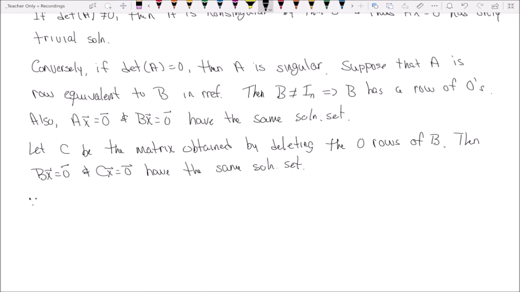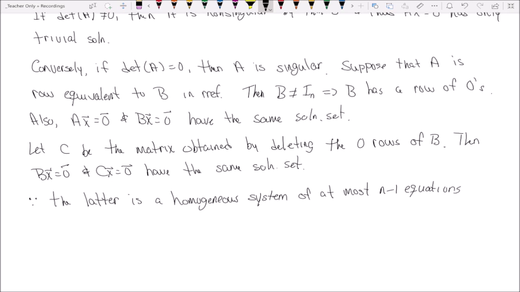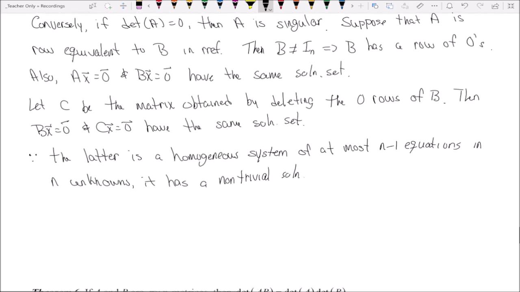Now, since the latter is a homogeneous system of at most n minus 1 equations in n unknowns, it is guaranteed to have a non-trivial solution. Therefore, AX equals 0 has a non-trivial solution.